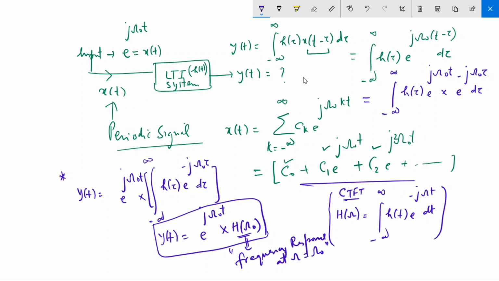So now you get a very important conclusion: if we have a linear time invariant system and we pass a purely complex exponential signal through it, what do we get at the output?